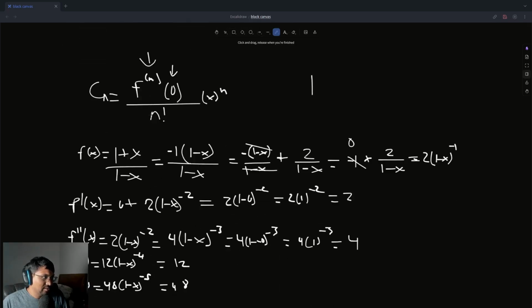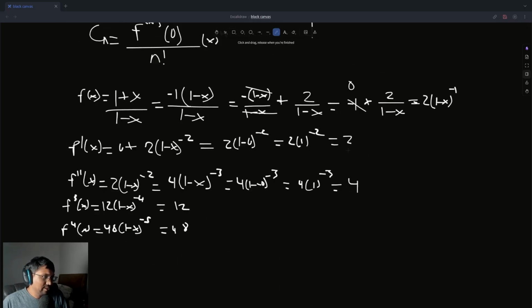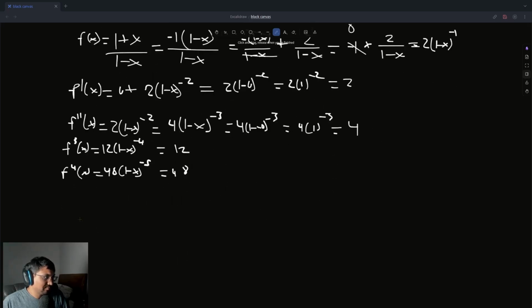And so now we want to multiply that by x to the n. So we take all these terms here. 1 plus, we have 2 x to the n plus 4 x to the n plus 12 x to the n plus 48 x to the n, right?